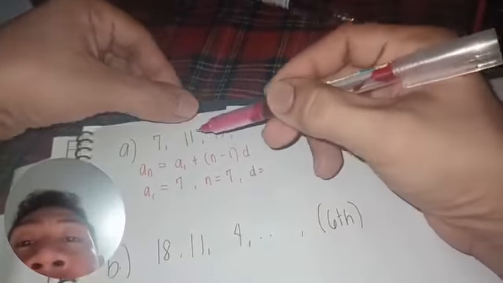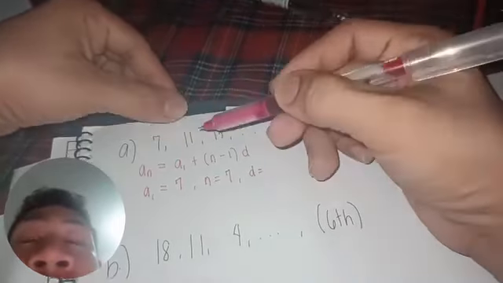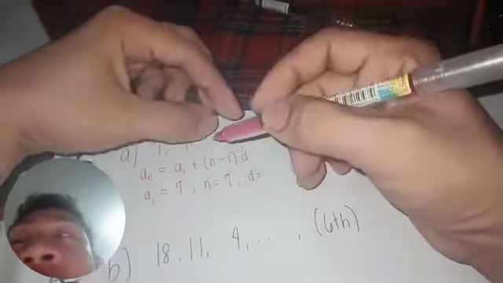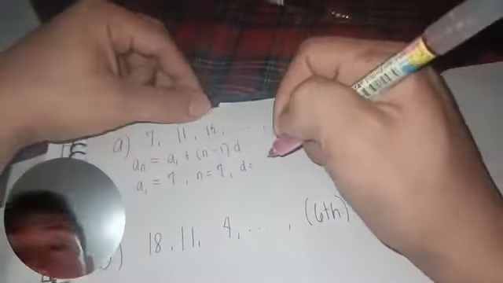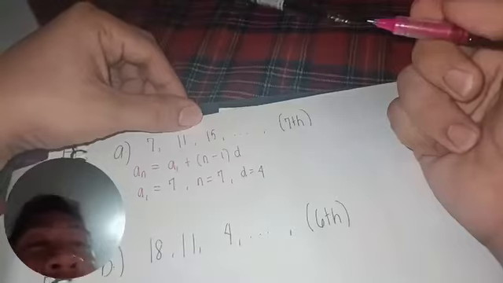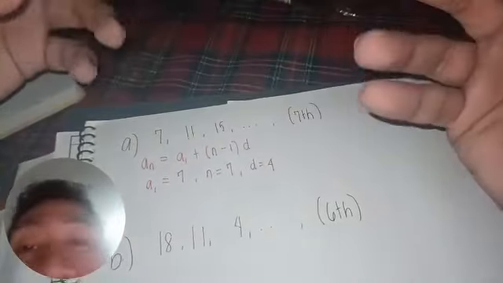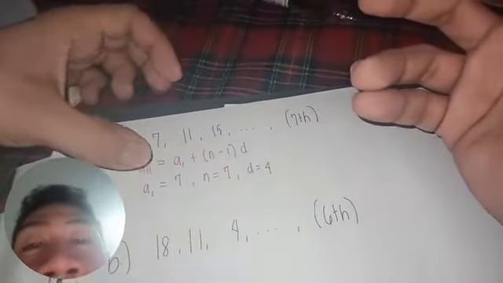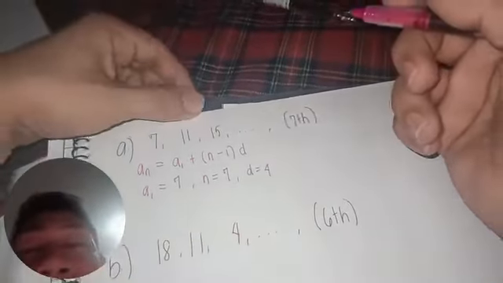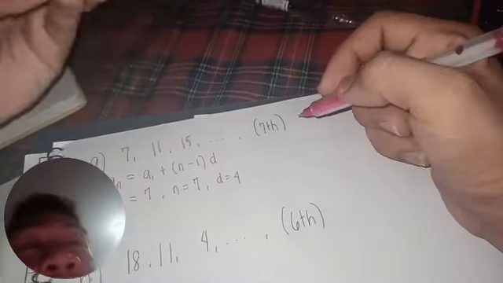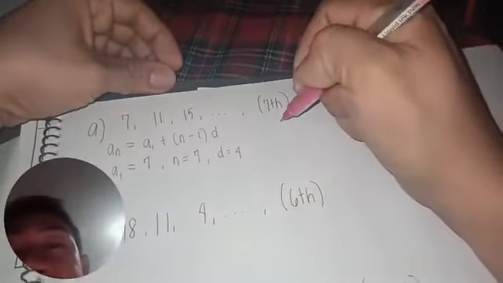So 15 minus 11 is 4, and 11 minus 7 is also 4. Thus, there is a common difference, and that is 4. So we know all the variables needed. Again, a sub 1 is 7, n is 7, and d is 4. We will now substitute into the formula.